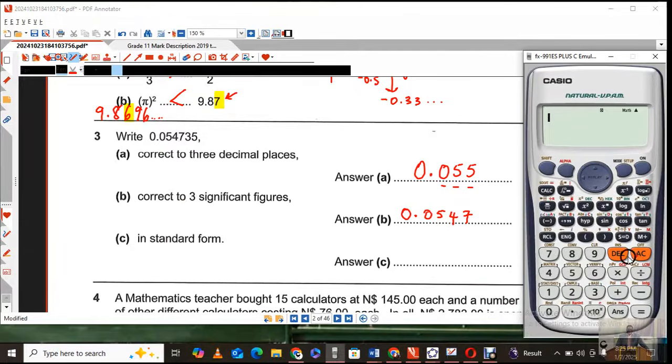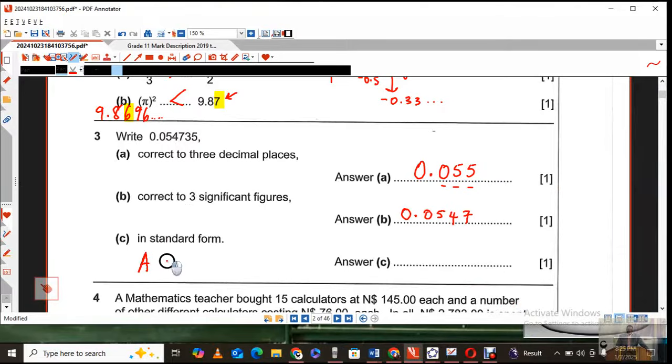Of course, when you are giving this number in standard form, there are many things you can do. You can also use your calculator, but there's absolutely no need for that. For a number to be in standard form, it would be a times 10 raised to the power of n, where n is an integer. So it has to be a whole number, positive or negative, or 0 for that matter.